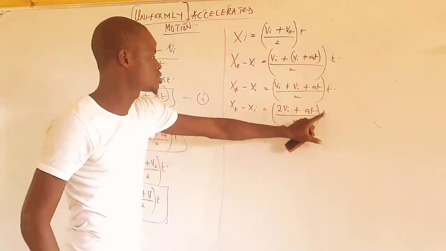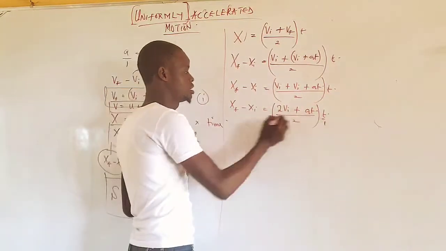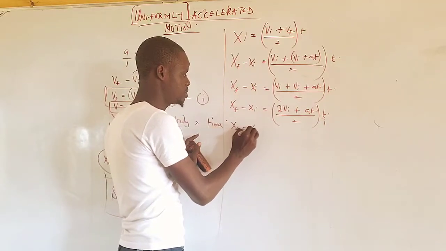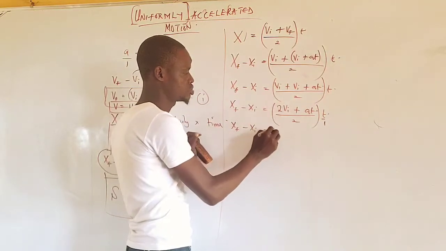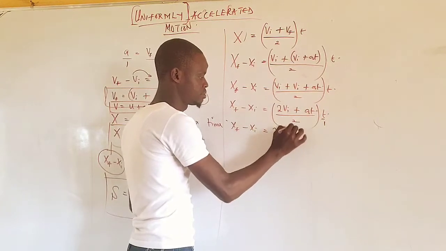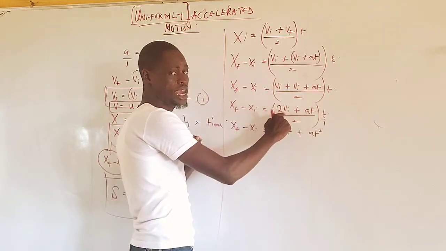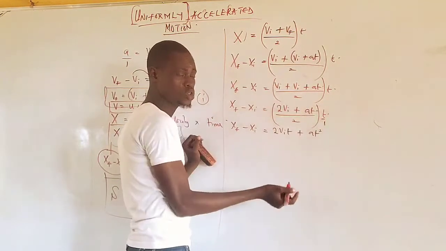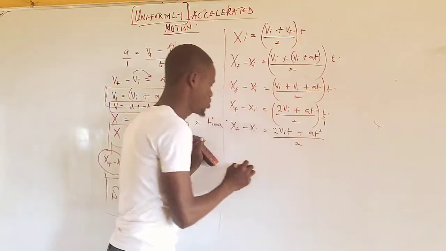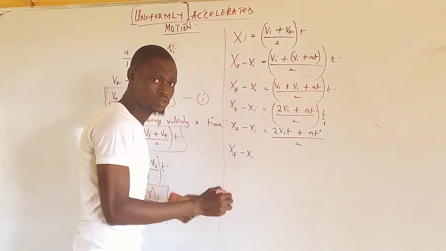Then I can use this time to multiply the numerator, because these are the numerator and this is over 1. Then sf minus si equals 2vi times t plus at squared. That means t times 2vi is 2vit, and t times at is at squared, all over 2.